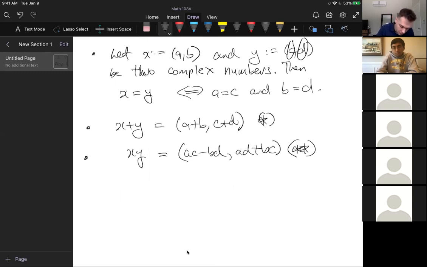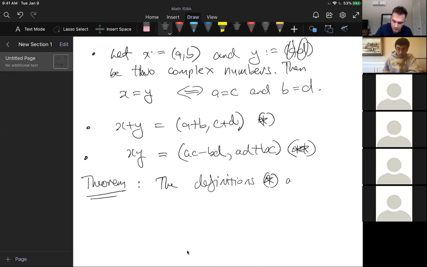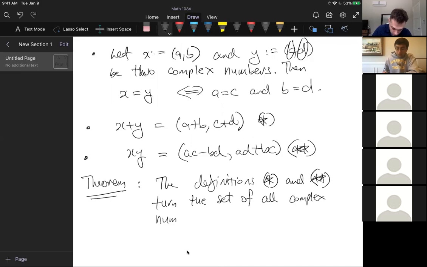We have a theorem which I'm not going to prove: the definitions star and star star turn the set of all complex numbers into a field.